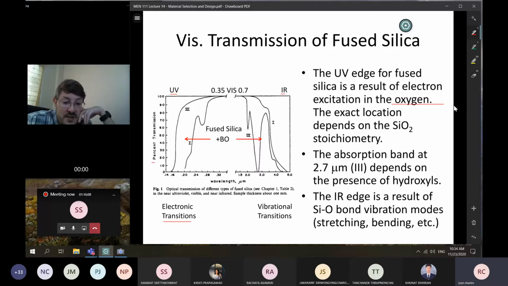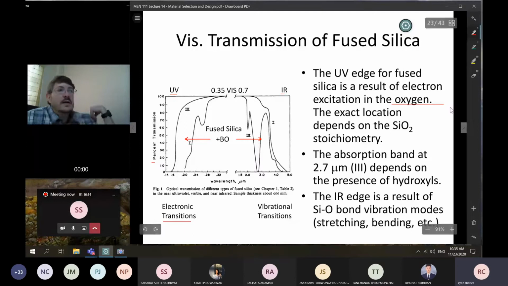If it's sufficient, the electron can absorb the photon and become excited. And so we find when we get to the ultraviolet side, that's what happens. The electrons absorb all of that energy. They become excited. And it's from the oxygen, the anion in the glass, right? The exact location here depends on the stoichiometry, the chemistry. And so this can move around.